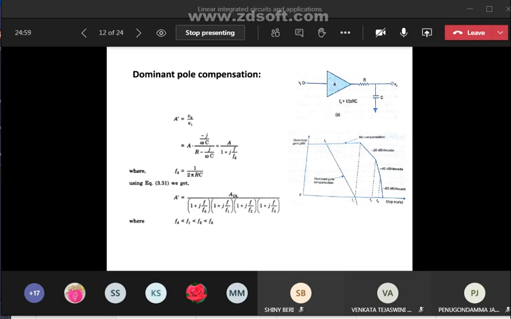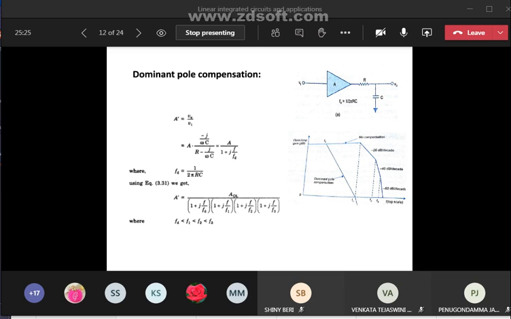So see this, open loop gain versus frequency. So it is the Fd, right? Up to this point there is no compensation. From this break frequency the gain decreases by minus 20 decibels per decade.